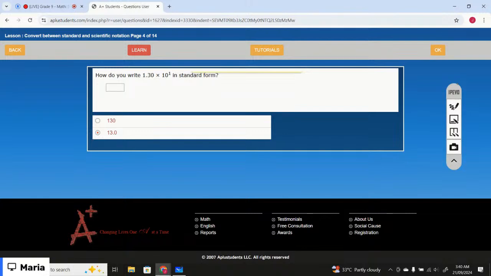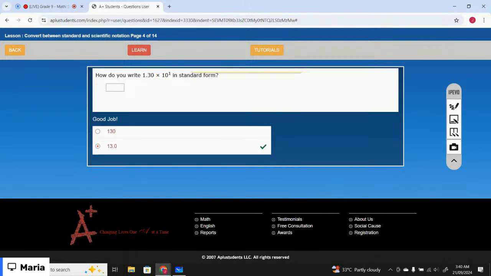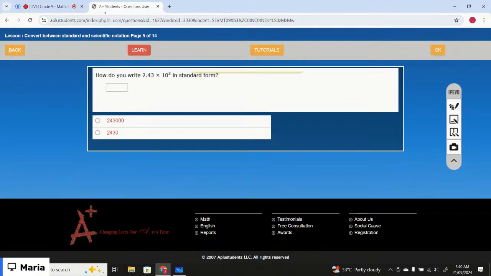That is 13.0 because the exponent is 10 exponent 1, so you need to move decimal point 1 place, right?